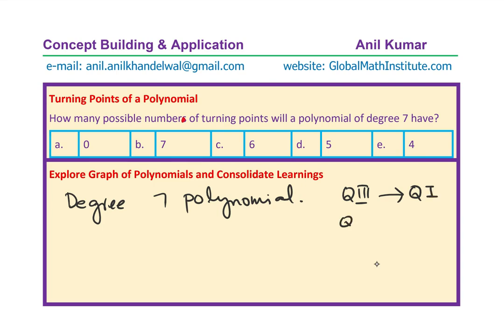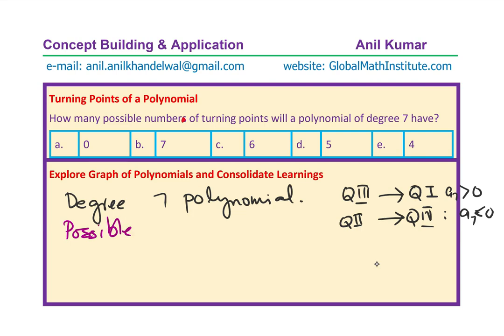If it starts from quadrant 2, it will go to quadrant 4. Right? That will be the case if the leading coefficient A7 is less than 0, negative. But if A7 is greater than 0, positive leading coefficient, it will go in this fashion.